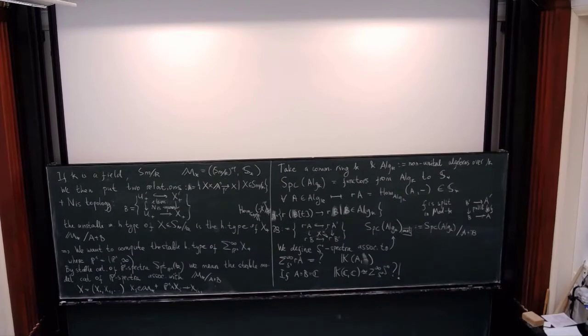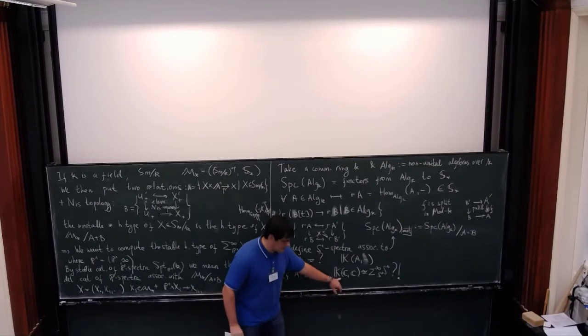I'll show how to define it, in terms of operators J omega, which are very popular. Your S1 spectra is a stable category. This is an S1 spectrum now. But how is it related to the mapping spectra in your category?